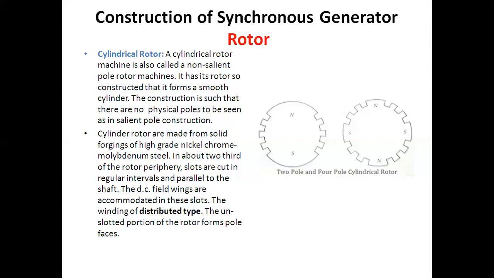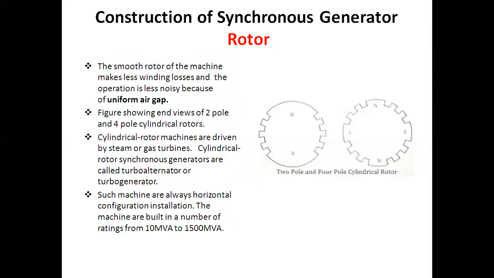The DC field windings are accommodated in these slots. The windings are of distributed type, and the unslotted portion of the rotor forms the pole faces. The smooth rotor of the machine makes less winding losses, and the operation is less noisy because of the uniform air gap.